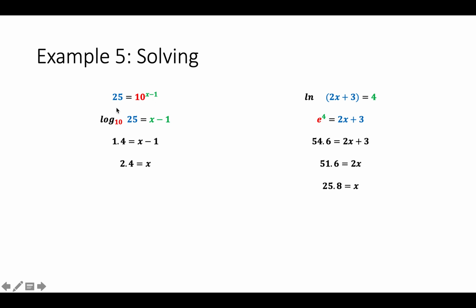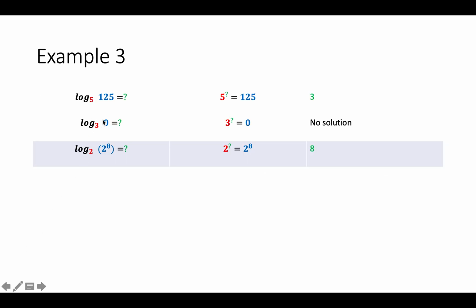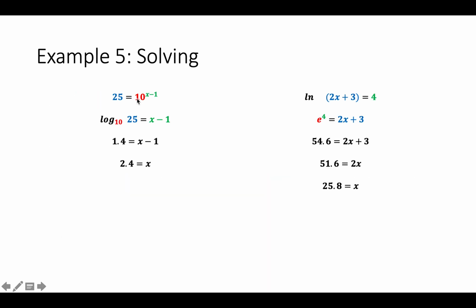Think about the very last example I showed you in example number 3. When you take log base 10 of 10 to the x minus 1 power, I am just left with the exponent.